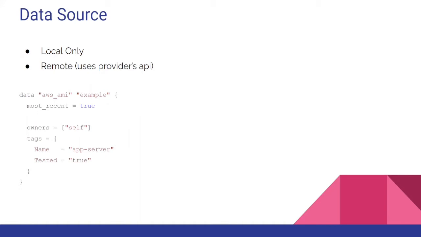In this set, there are two types of data source. One is local only, and the second one is remote. When we say local only, it is used to generate some kind of template, policies, or any file-related stuff, limited and dependent upon the source path required during execution.